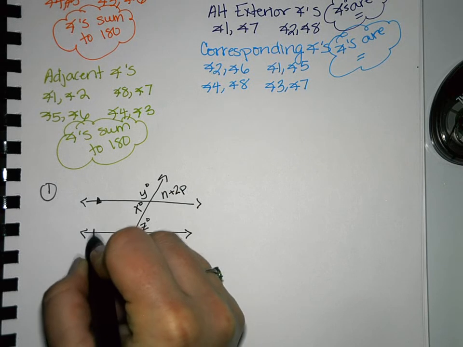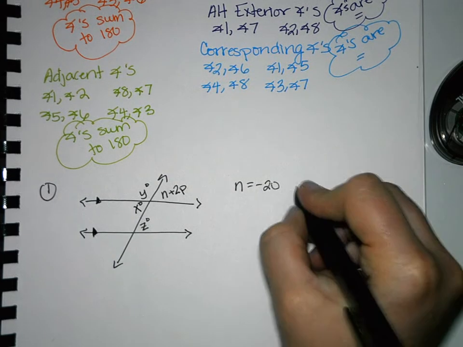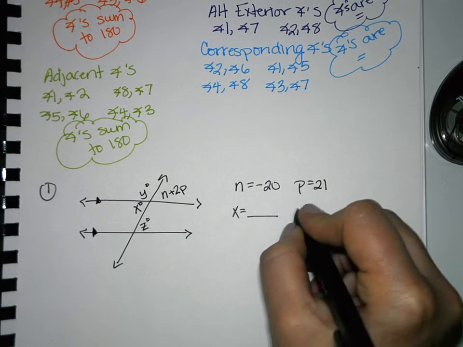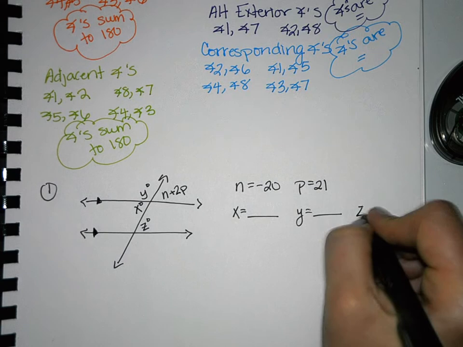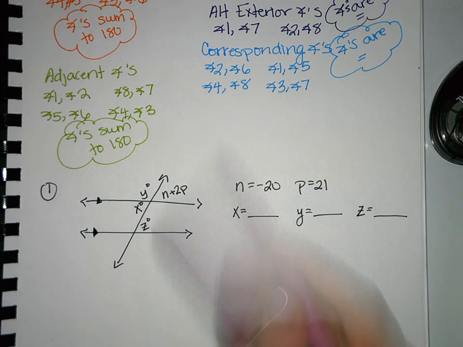So here we have parallel lines cut by a transversal. We're told that n is -20 and that p is 21. We're going to find x, y, and z. So on this one, because I don't know any angle measurement, I do know these 2 values.